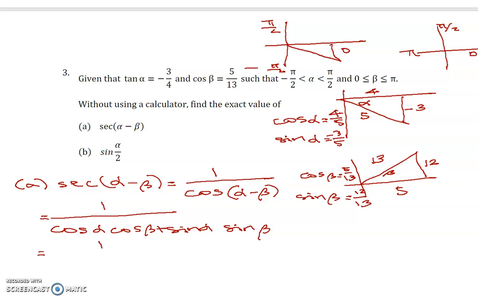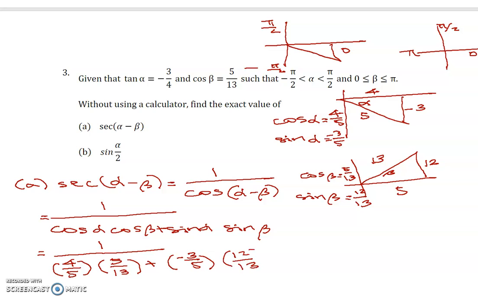From our triangles, we just plug into the formula: cos alpha is 4 over 5, cos beta is 5 over 13, plus sine alpha is negative 3 over 5, and sine beta is 12 over 13.